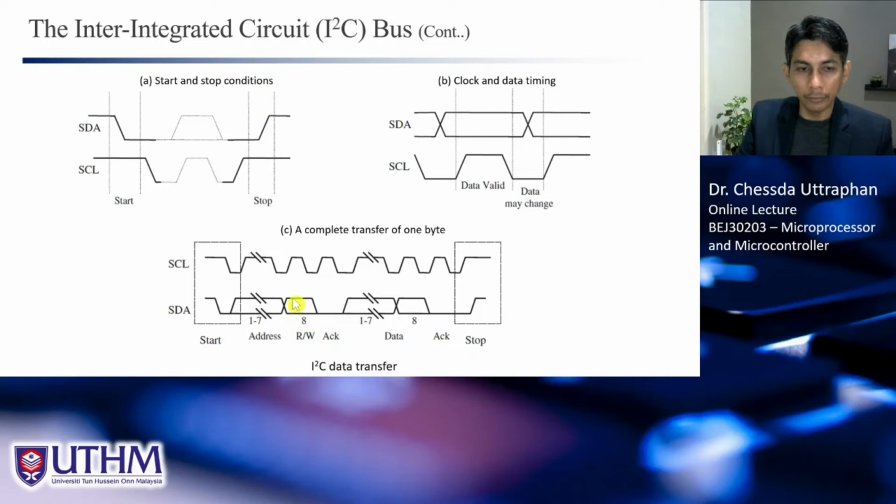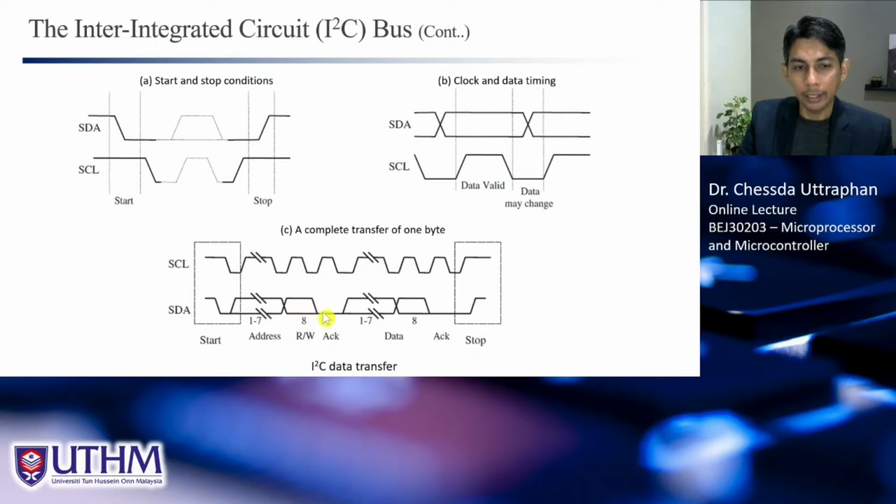So if this bit number 8 is 1, it means that the microcontroller wants to read, or receive the data from the peripheral. But if it is 0, it means that the microcontroller wants to write, or send the data.